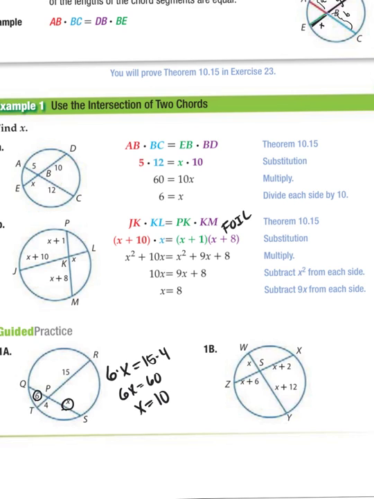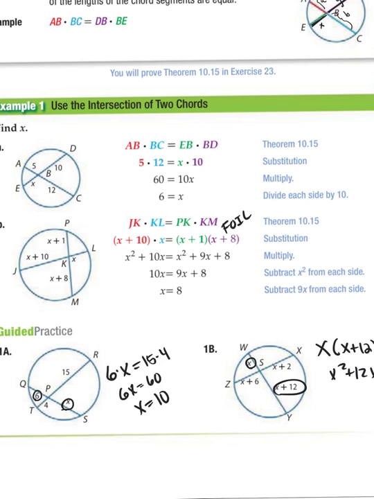In 1b, we did the same thing. This time we had to do our little FOIL. So we're going to have x times the x plus 12 is equal to the x plus 6 times the x plus 2, FOIL.